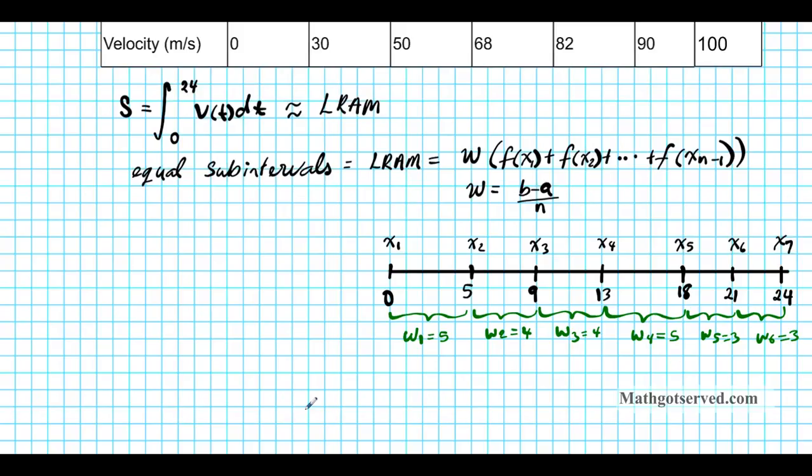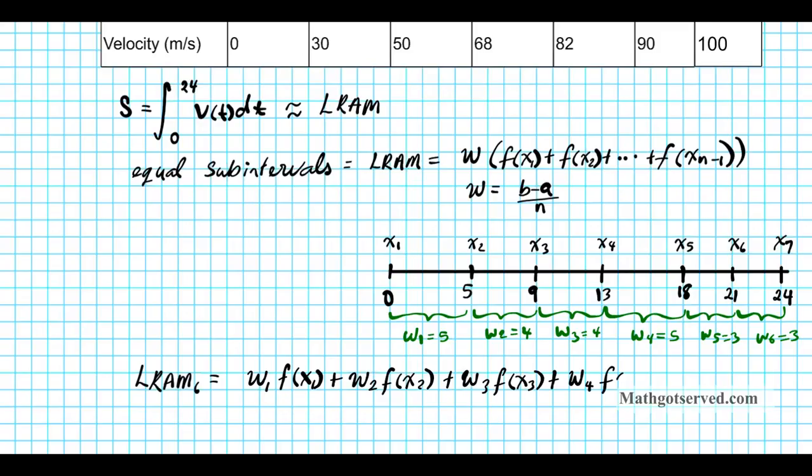Let me write down the formula that we're going to be using here. LRAM using 6 intervals is going to be W1 times f of x1 plus W2 times f of x2 plus W3 times f of x3 plus W4 times f of x4 plus W5 times f of x5 plus W6 times f of x6.